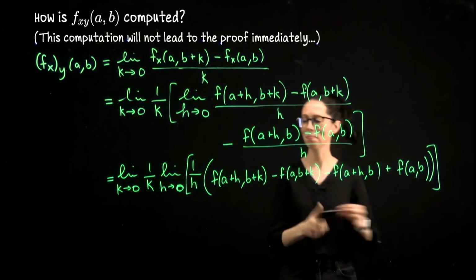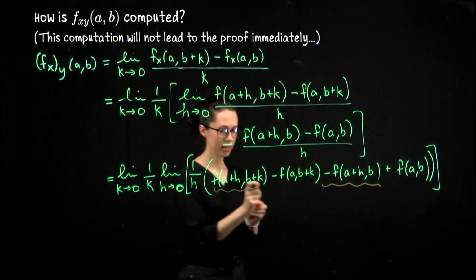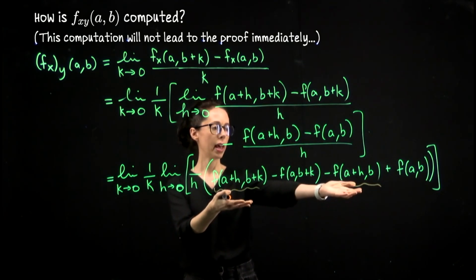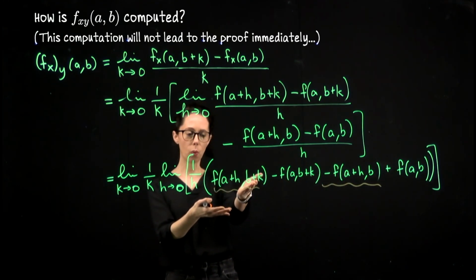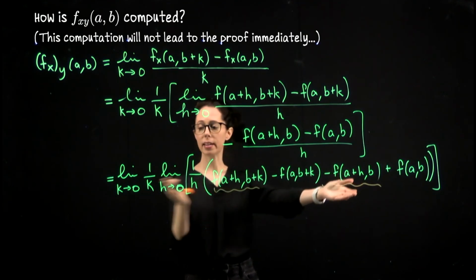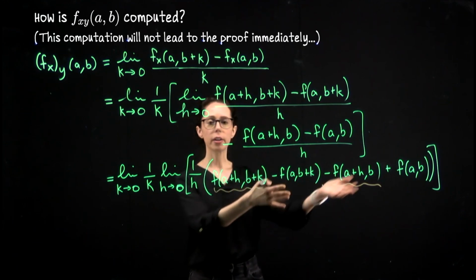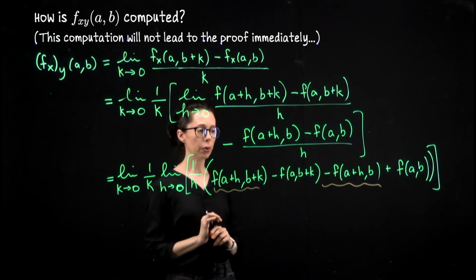Take this term minus that term. This is comparing how f changed after a little step in the y-coordinate. Bring this 1 over k in, that's fine, so that we'd have this minus that divided by k. That's all fine. You can bring the k in, you can re-partner these up. In fact, we will do that in the proof.